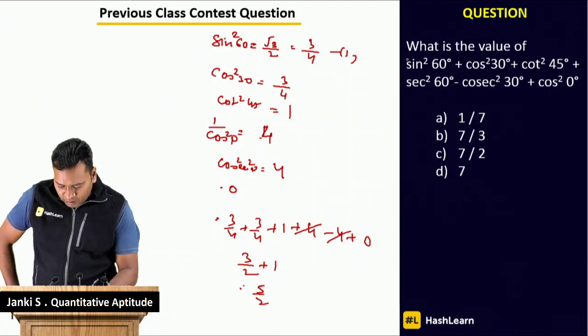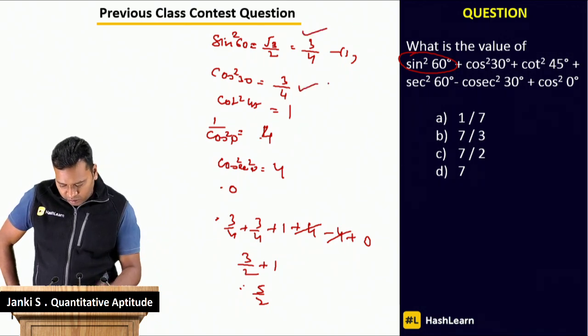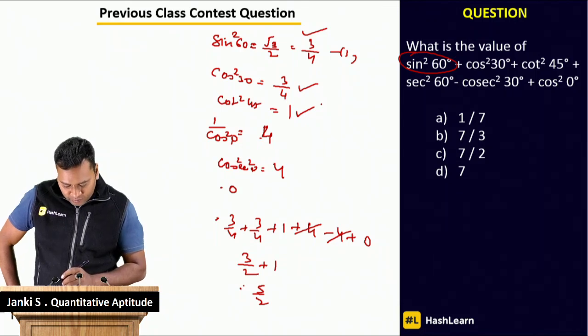Now let's check. So sine square 60 is 3 by 4, cos square 30 is 3 by 4, cot square 45 is also 1, right?